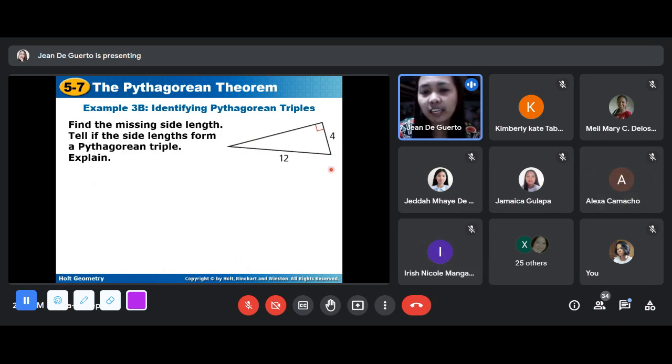Given yung isang leg at saka yung hypotenuse. Yung longer leg ang missing. So, para consistent tayo, let us use A for the shorter leg, tapos yung B, longer leg. Para pare-pareho tayo ang gamitin.